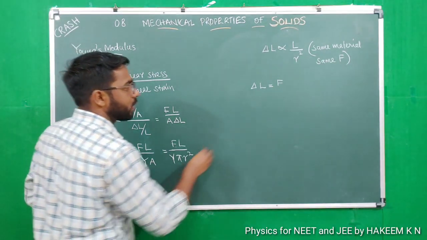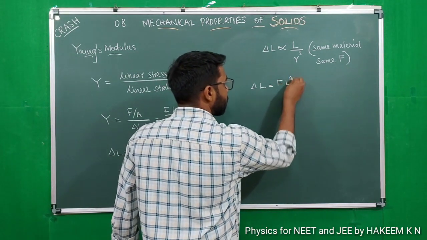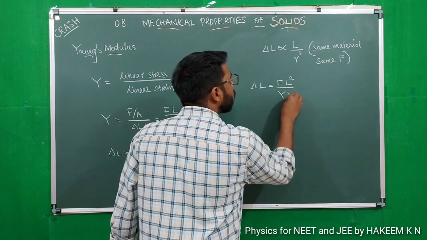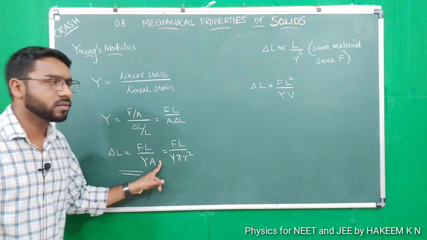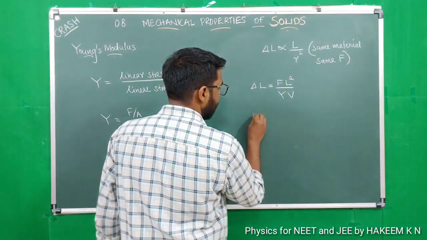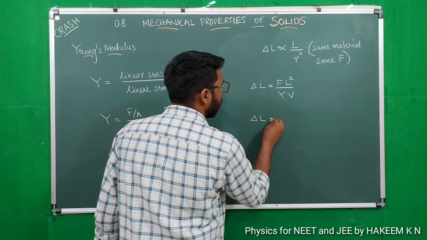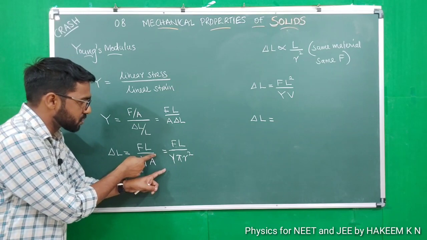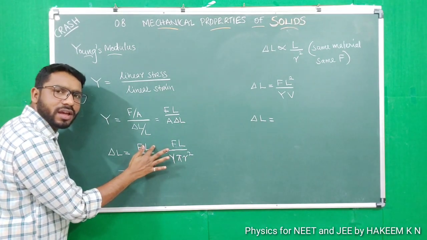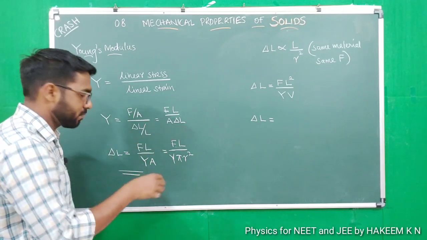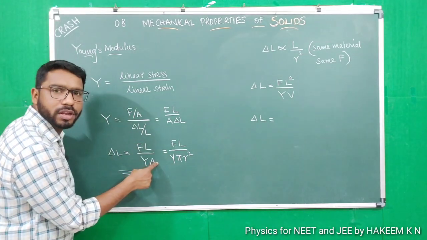So we can say FL square by Y volume. In the same equation I am multiplying numerator and denominator with the area.